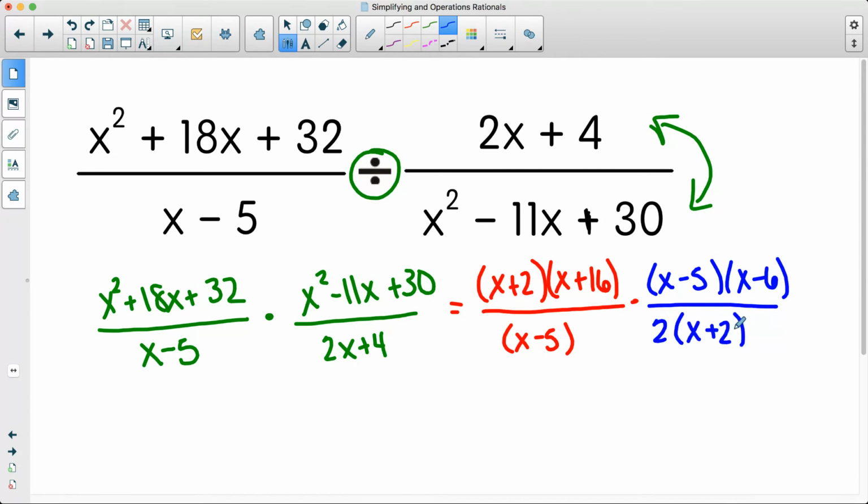So you have 2 times x plus 2 left. So let's go ahead and cancel out anything that's the same. Numerator, x plus 2, x plus 2. Numerator, x minus 5 in the denominator. So in the numerator, I have x plus 16 times x minus 6 all over 2.